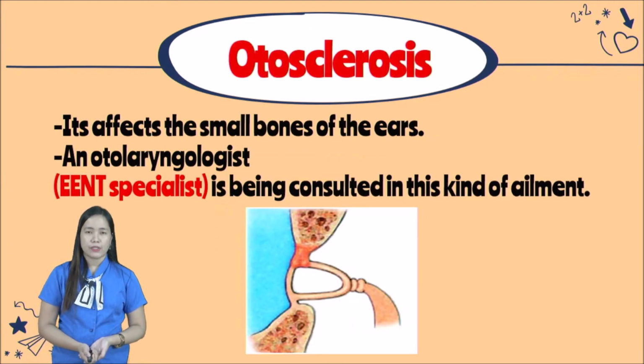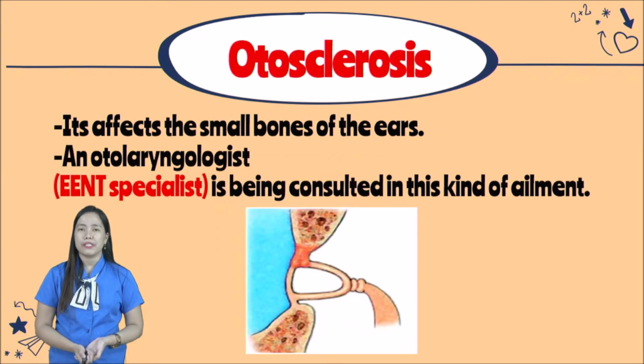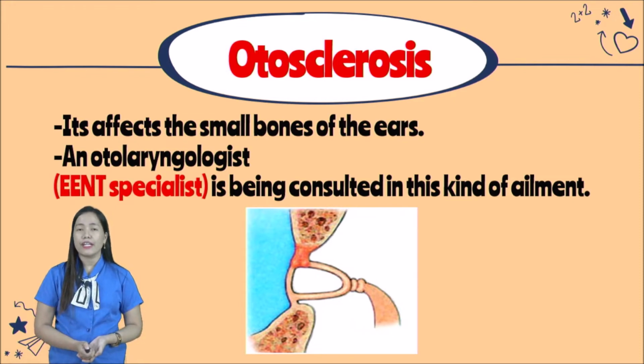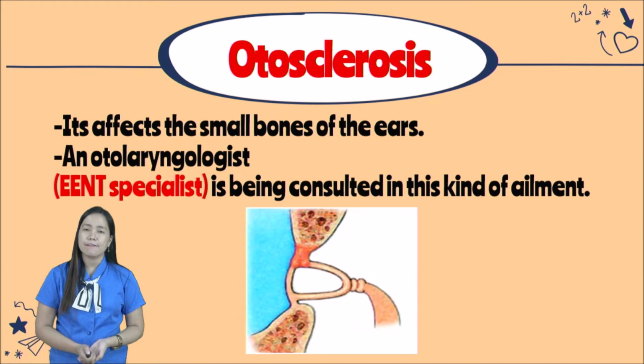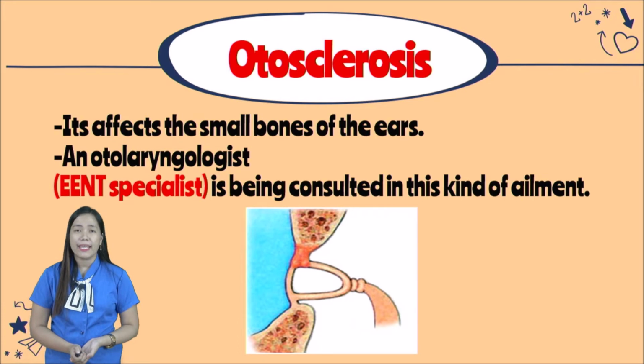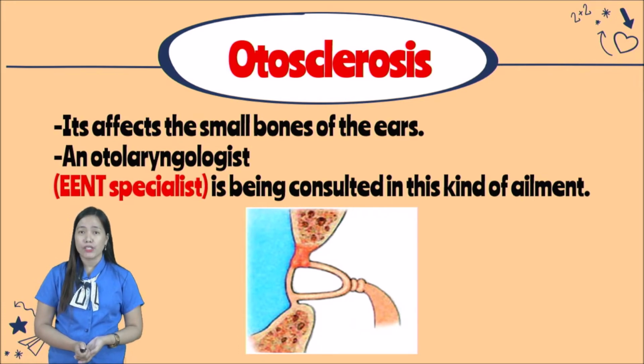Okay, next one, we have otosclerosis. What is otosclerosis? It affects the small bones of the ears. An otolaryngologist, or EENT specialist, is consulted for this kind of ailment. The cause of otosclerosis is unknown. When we say unknown, they don't know the cause of this disease or illness.